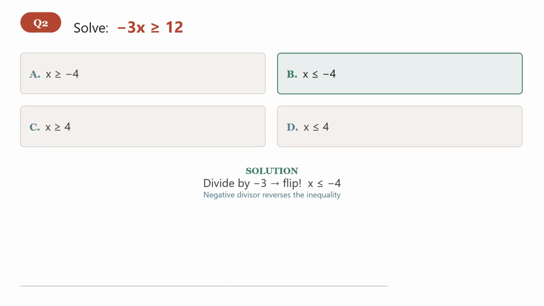Choice A, x greater than or equal to negative 4, is the missed flip trap, the dominant failure mode in this entire lesson. The student divided by negative 3, but forgot to reverse the inequality direction. Choices C and D drop the negative sign on negative 4 entirely.